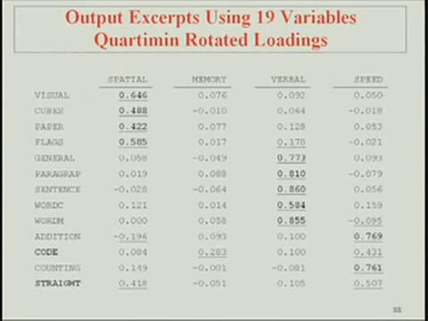If we look at one of our misbehaving items, code, for example, we find that the loading on the memory factor and the loading on the speed factor are both statistically significant. And on the speed factor, it's not necessarily small, whatever that is, but it's smaller than the other significant ones on that factor, but it's not as small as addition.